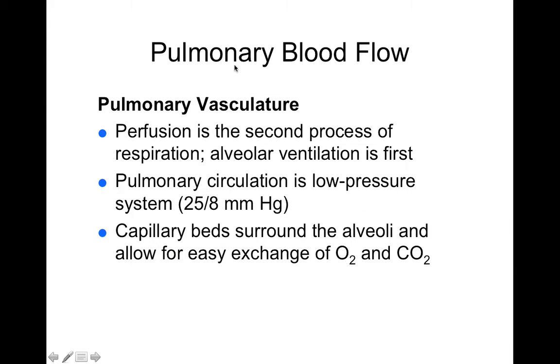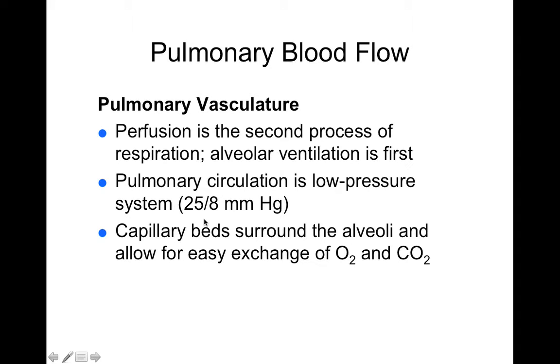Now, we talked earlier about how there's different types of pulmonary blood flow. We said it came from the pulmonary arteries, I'm sorry, the bronchial arteries, as well as the pulmonary arteries. And we're going to talk about this perfusion process next, you guys, where pulmonary circulation is more of a low-pressure circulation system.